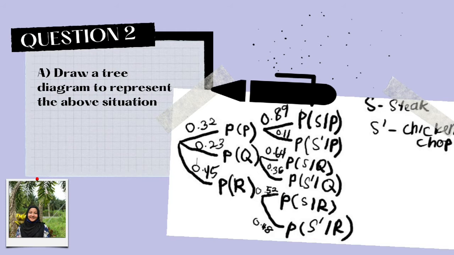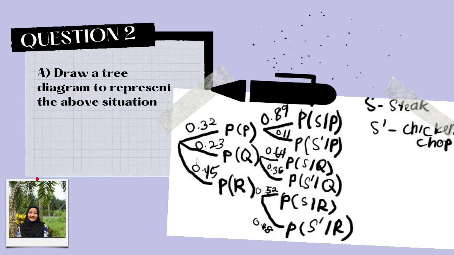A. Draw a tree diagram to represent the above situation. As we can see, the probabilities that Lily will go to restaurant P, Q, and R are 0.32, 0.23, and 0.45 respectively. The probabilities that Lily will choose steak and chicken chop at restaurant P are 0.89 and 0.11 respectively.